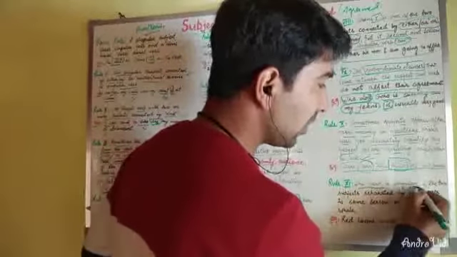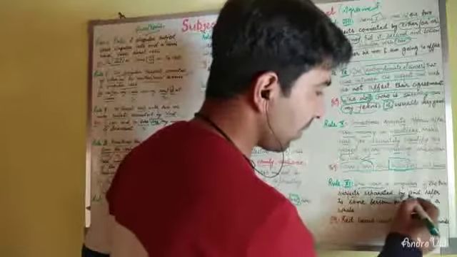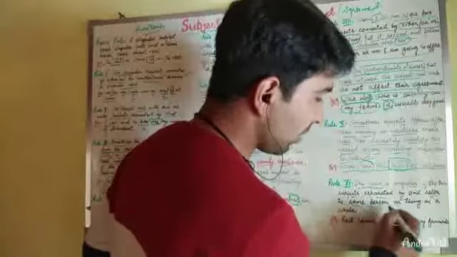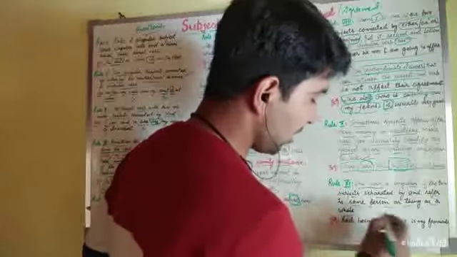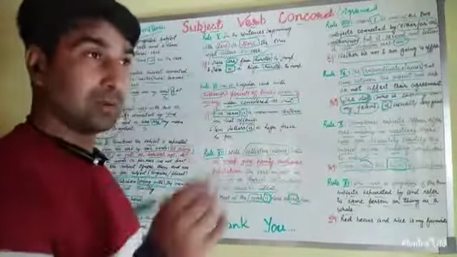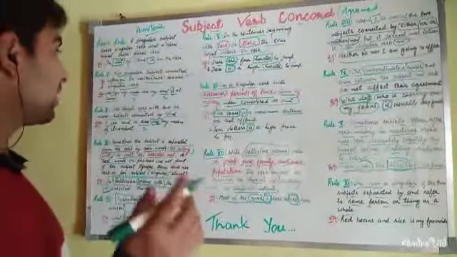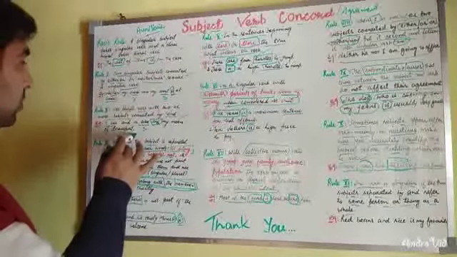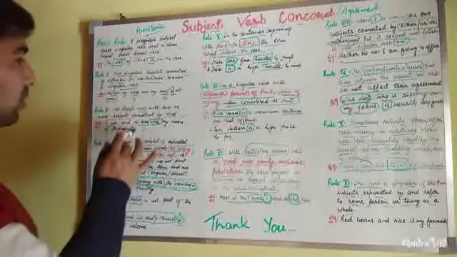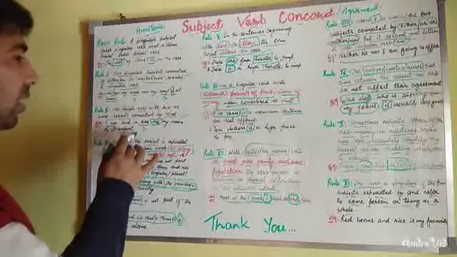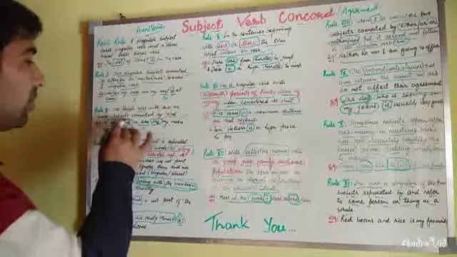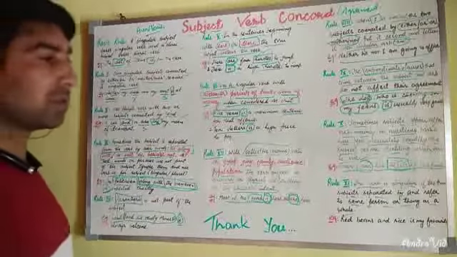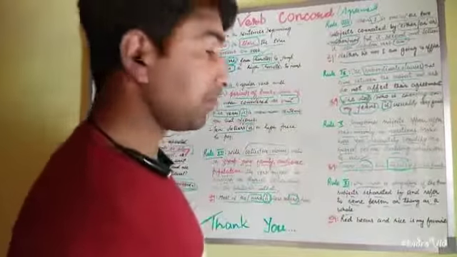Now rule number 11. The verb is singular if the two subjects separated by and refer to the same person or thing, such as a whole. Look, this is a very important rule, as it was rule number 2. Anything connected by and becomes plural, even if they are two singular subjects. But this one is exceptional.